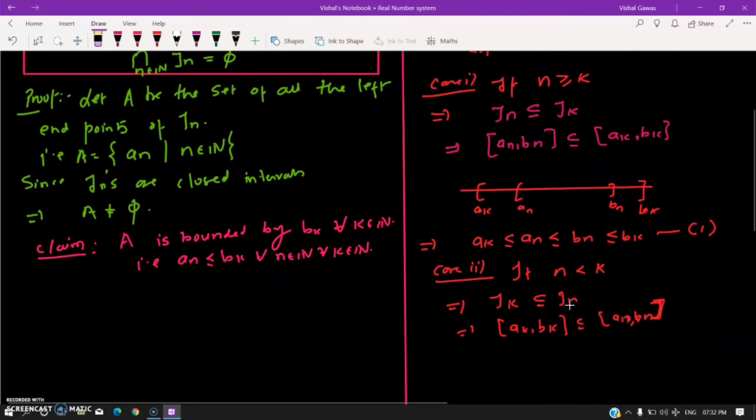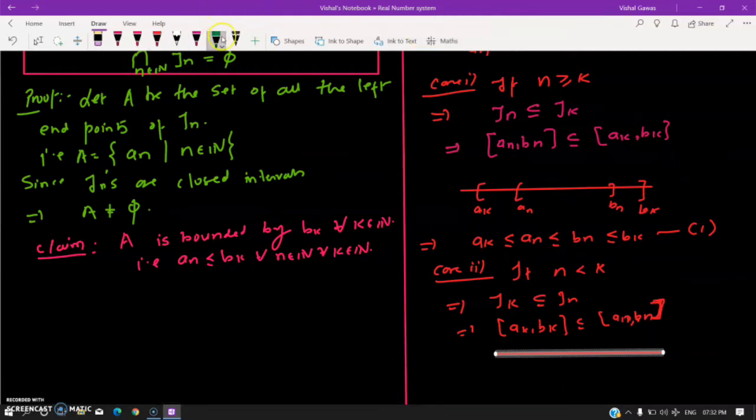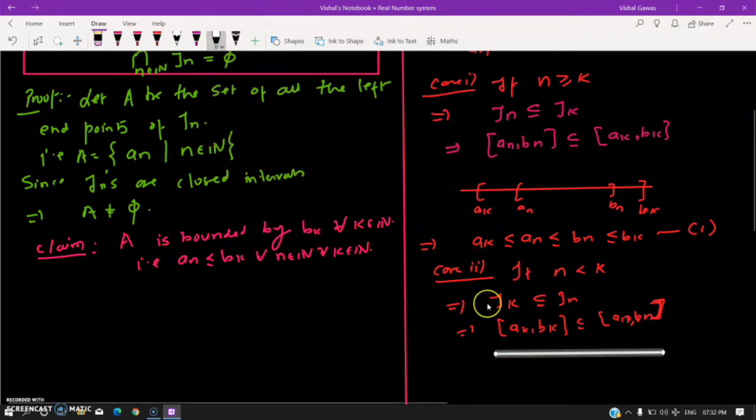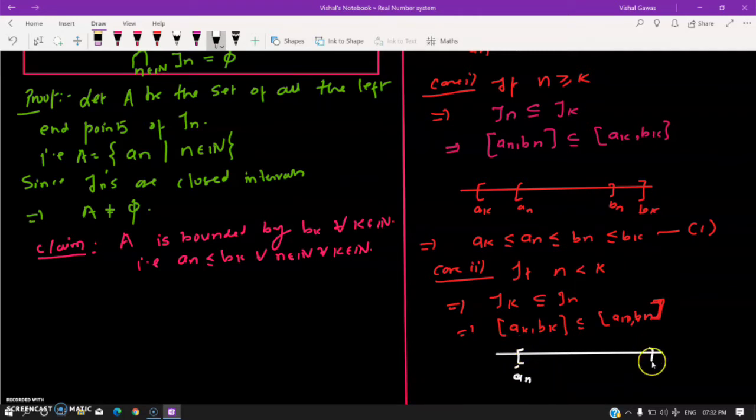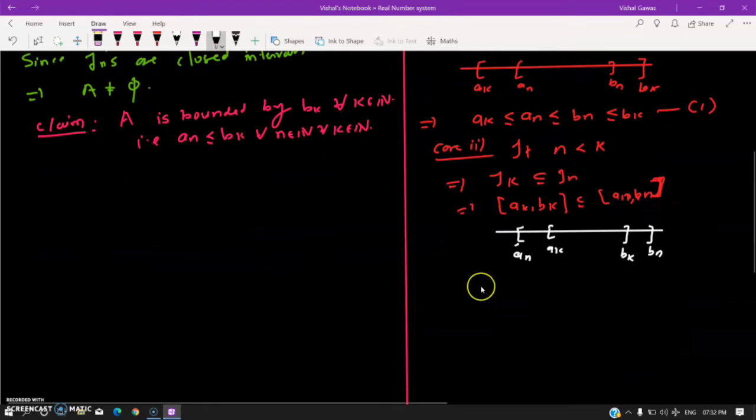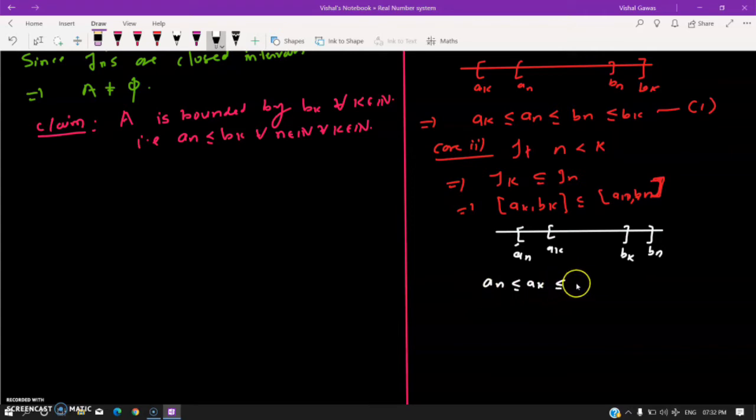What do you mean by this? Let's look here. Changing to a different pen. What we have is the outer interval now would be an, bn, and the inner interval would be ak, bk. So what I get is an is less than or equal to ak, less than or equal to bk, less than or equal to bn.